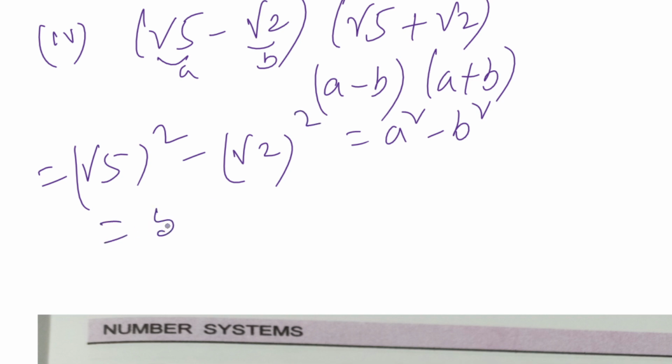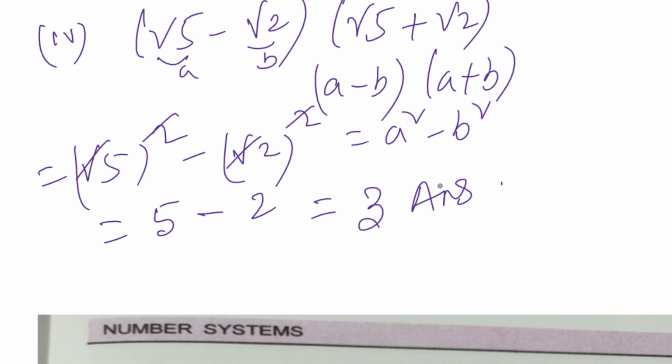So this is 5, no? Root 5 square is root 5 into root 5, that gives me 5, or you can cancel directly, minus 2 square, the 2 and square get cancelled. So my answer is 5 minus 2 is 3. So this is my answer. So I have finished example 2, all the questions. We had 4 questions, we have finished 4 questions of example 2.